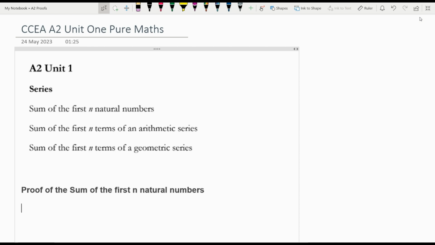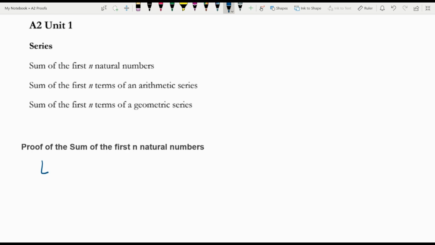Let's begin. Firstly, I will demonstrate how to prove the sum of the first n natural numbers. Let S equal 1 plus 2 plus 3 plus ... plus n minus 2 plus n minus 1 plus n.